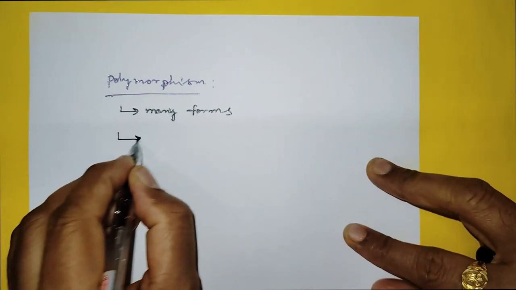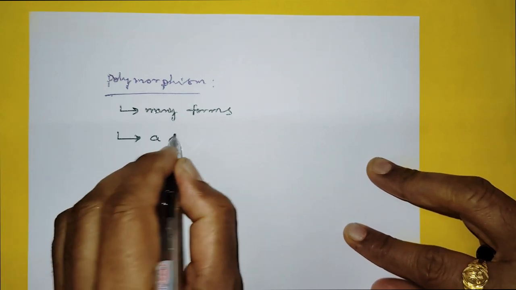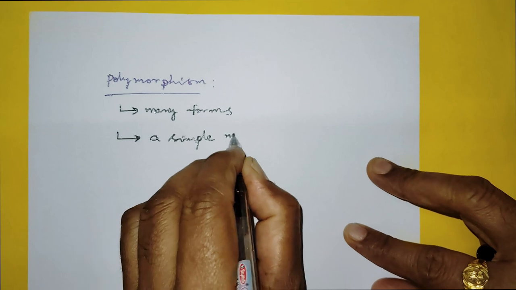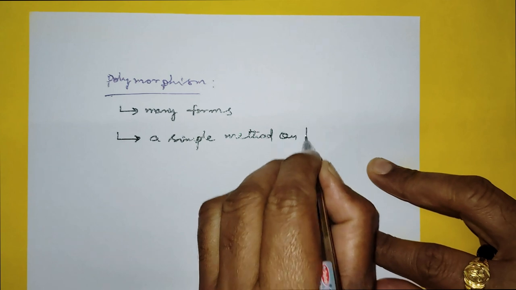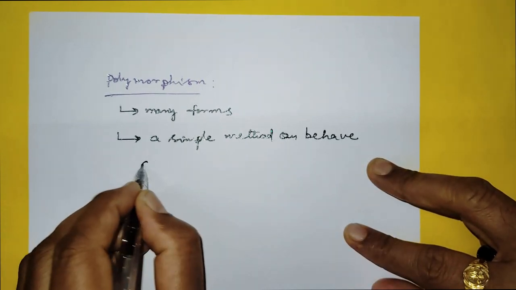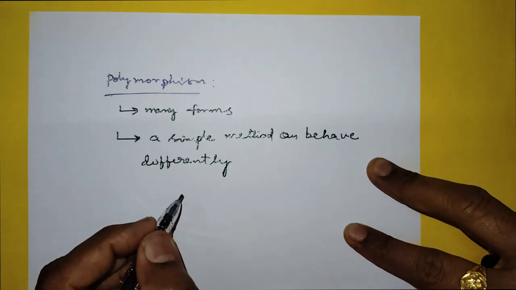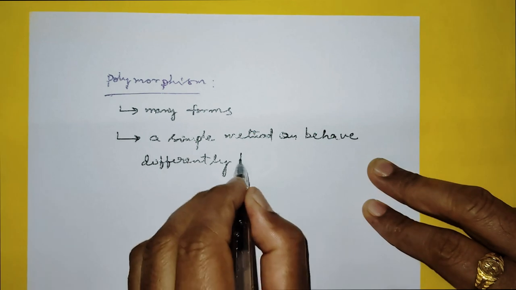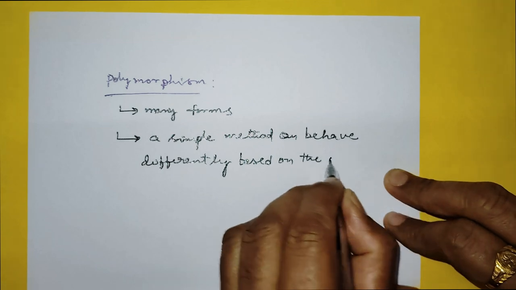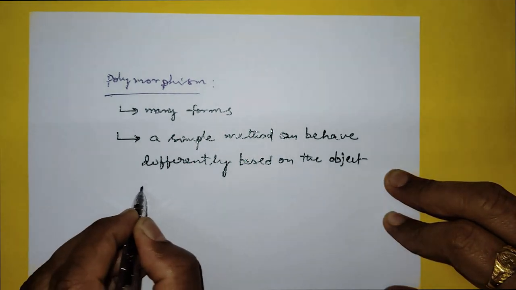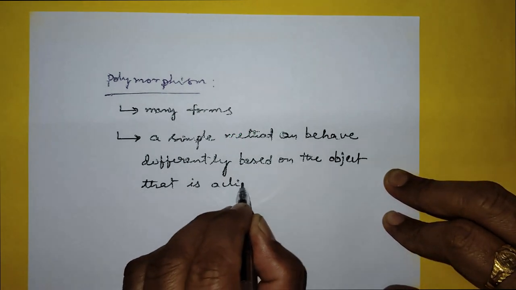In simple terms, polymorphism means a single method can behave differently based on the object that is acting upon.